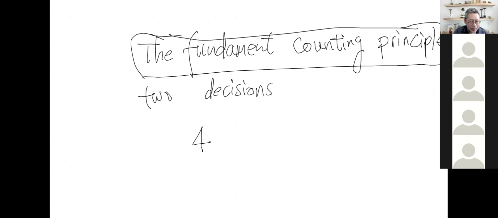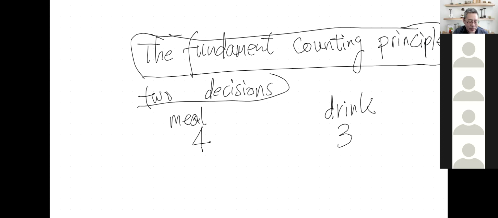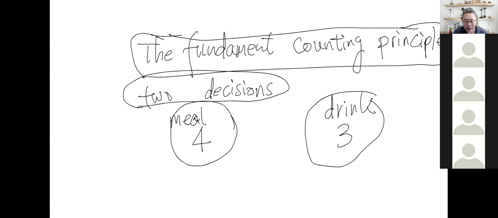This is a meal, this is a drink, and nowadays those are quite expensive, so we got 3 different kinds of drinks. We're trying to figure out how many different ways we can have. The fundamental counting principle just says that if you have 2 decisions to make, for the first decision you got 4, and for the second decision you got 3, you simply multiply, 4 times 3.